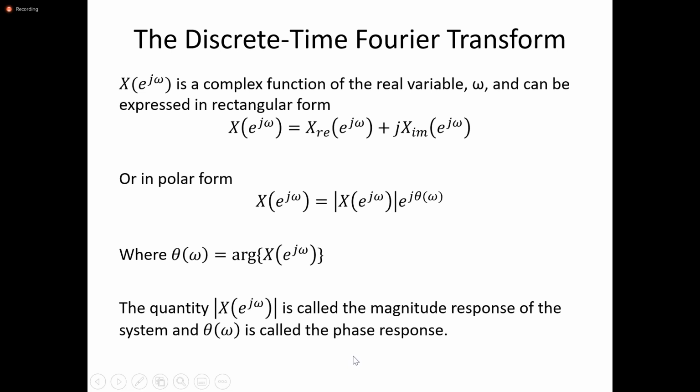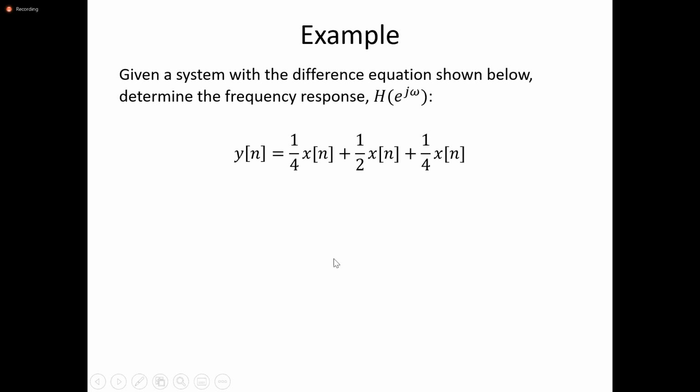So the best thing now is to look at an example. Here's a fairly simple system with a difference equation shown below. Here's our output, y of n, and these are our input values.